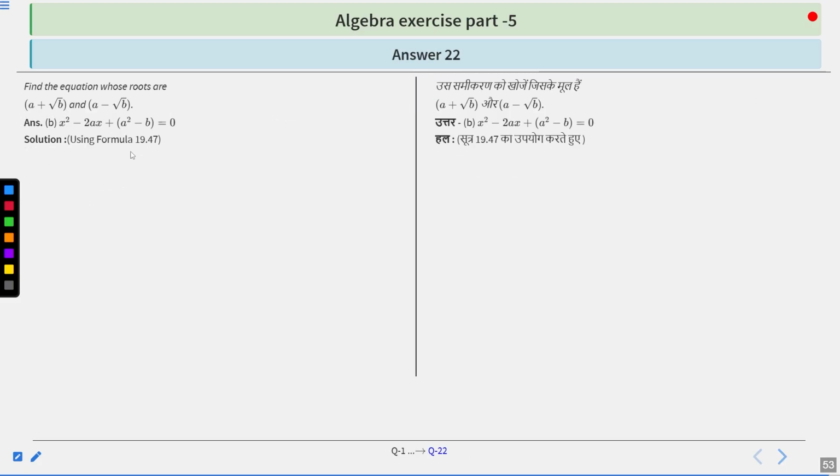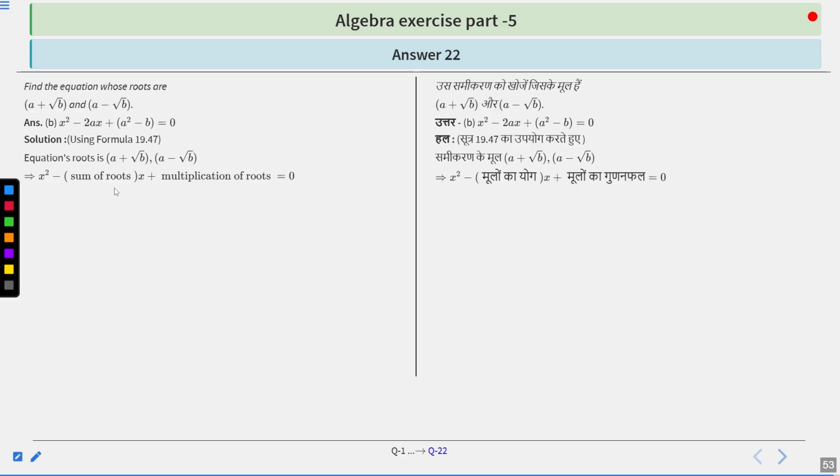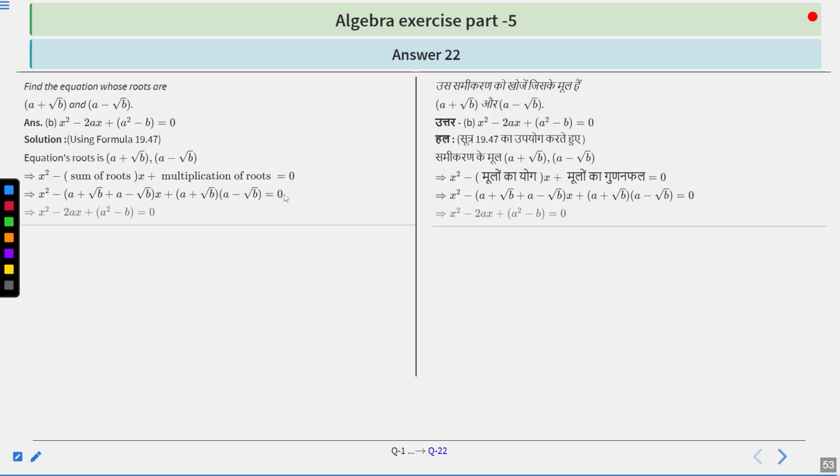So we are going to use formula 19.47 to find out the answer to this question. The equation's roots are a plus root b and a minus root b. And x square minus the sum of roots into x plus the multiplication of roots equal to 0 is the required quadratic equation. So x square minus the sum of the roots, which is a plus root b plus a minus root b, into x plus the multiplication of roots, which is a plus root b into a minus root b, that is equal to 0.